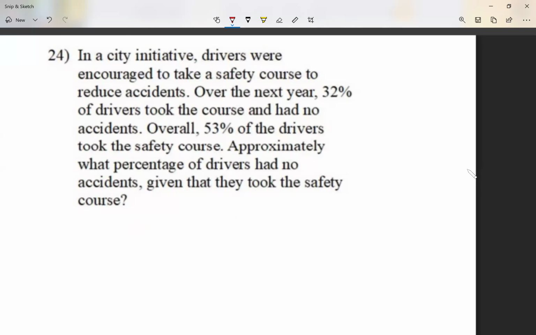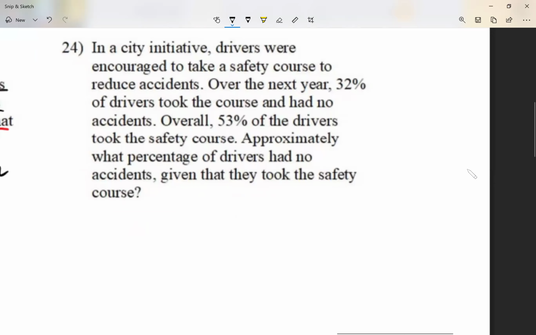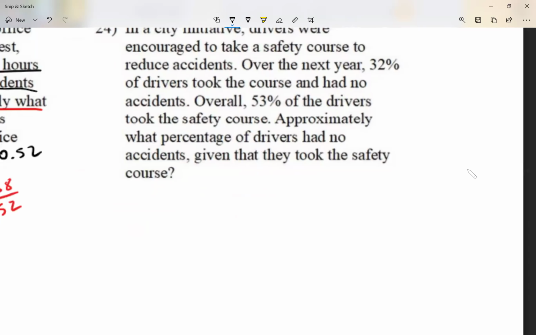In a city initiative, drivers were encouraged to take a safety course to reduce accidents. Over the next year, 32% of drivers took the course and had no accidents. Okay, so how am I going to abbreviate this? Let's go probability.